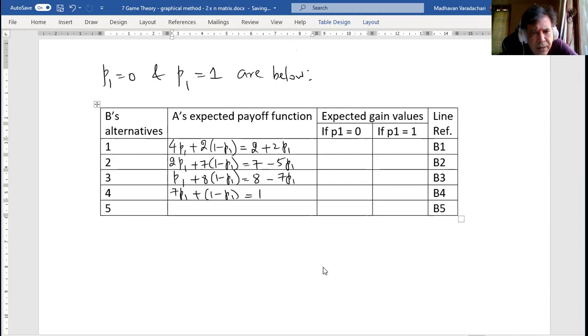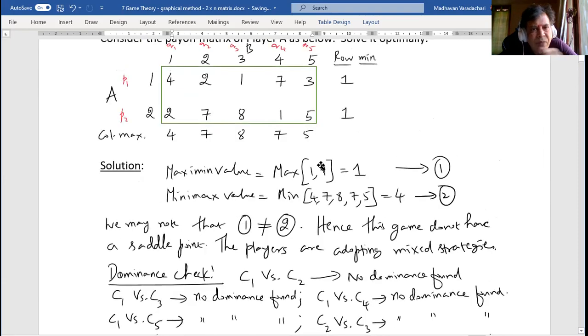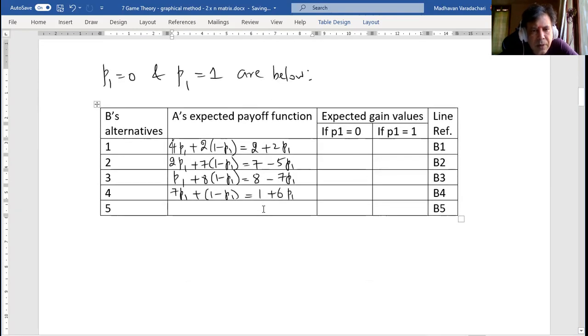So this I can write as 1 plus 6P1. Then the fifth alternative of B: 3P1 plus 5 times 1 minus P1. That is 5, and 3P1 minus 5P1 is minus 2P1.